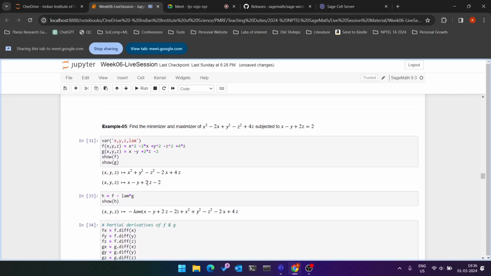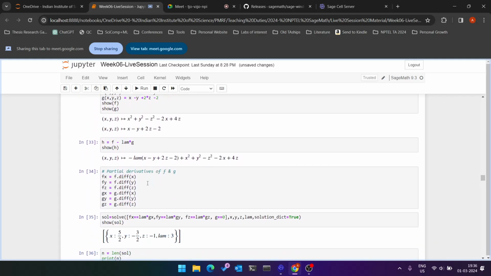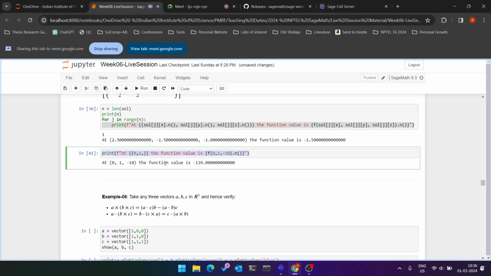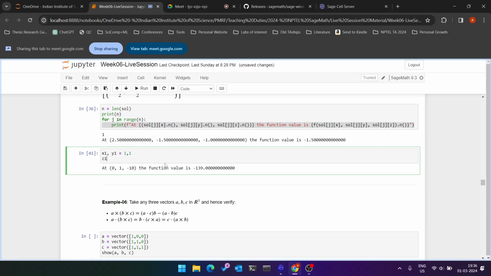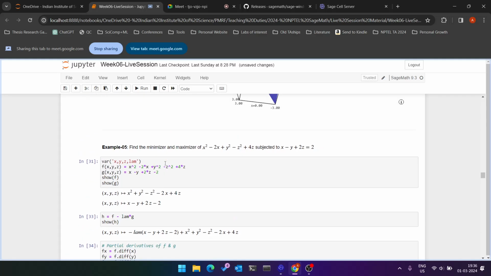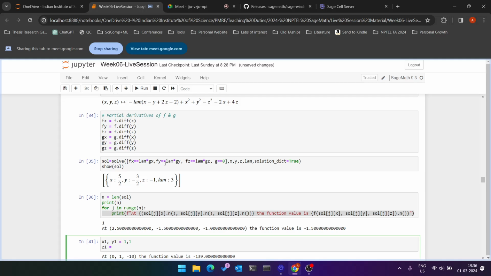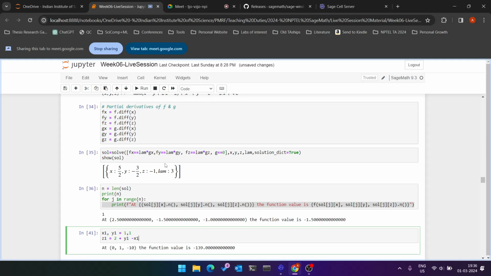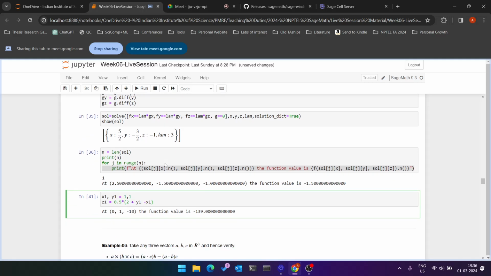Oh, no, wait. I made a mistake here. x minus y plus 2z is 2. So I need z. x1 is say 1, y1 equaling 1, z1 equaling 2 plus y1 minus x1 into 0.5. So this is my constraint equation.